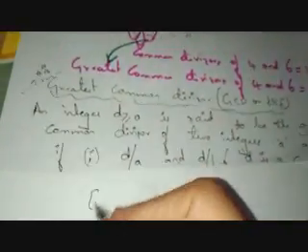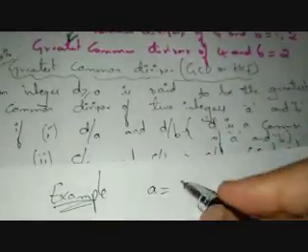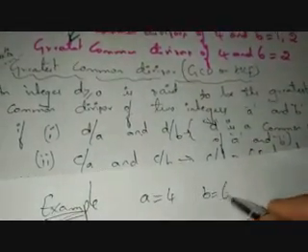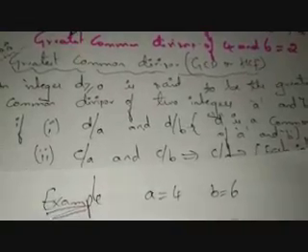So let me see an example for this particular GCD definition. I'll be taking any two integers a and b. I'll take the same example: a is equal to 4 and b is equal to 6. So I have taken these two integers.